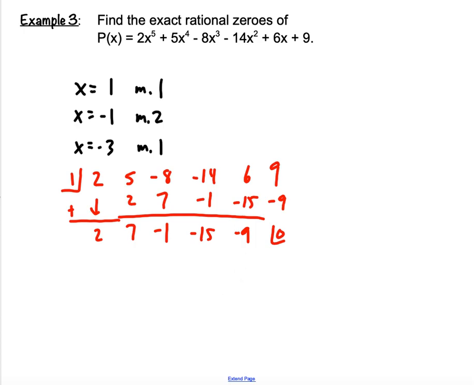So then we're left here with a power down: instead of x to the fifth, now it becomes x to the fourth.